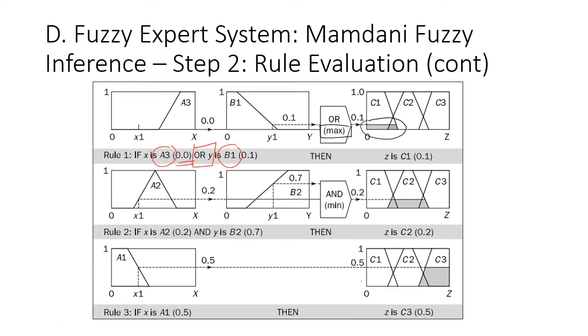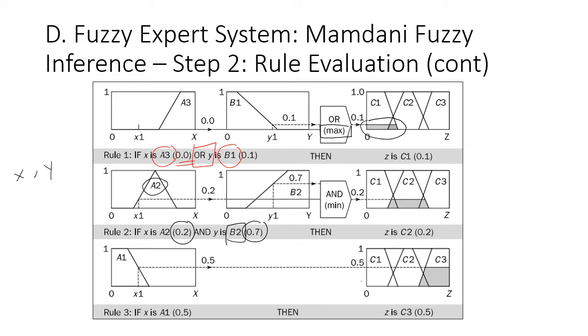Okay, now let's evaluate rule 2. For rule 2, if x is A2 and y is B2, then z is C2. So this is the second rule. And our fuzzified input, x and y: x has 0.2 as the membership degree of the set A2, which is marginal funding, and y has the membership degree of 0.7 of the set B2, which is large staffing.